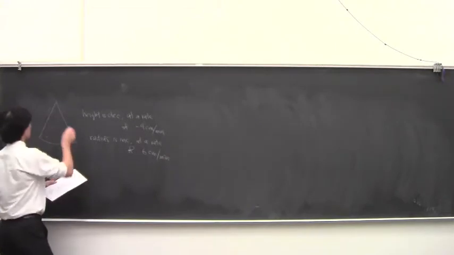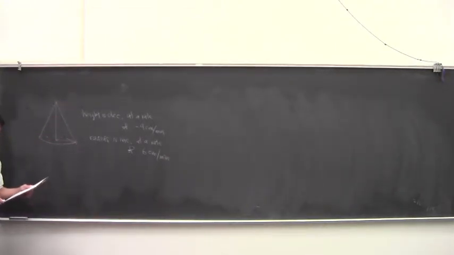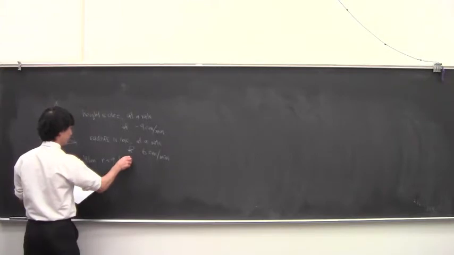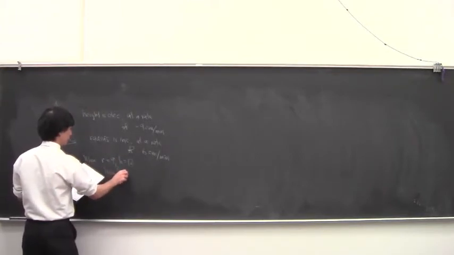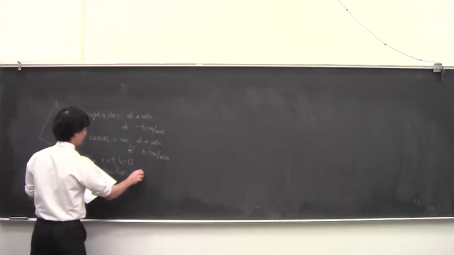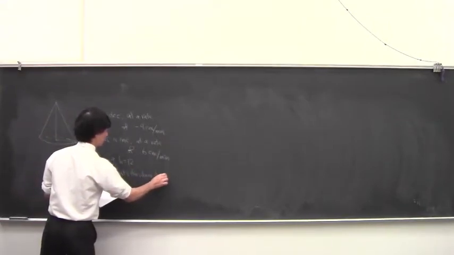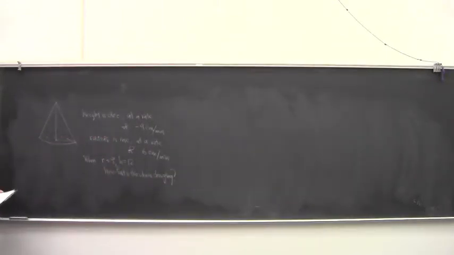Okay. So the height is shrinking and the radius is increasing. The question is, when r is 9 and h is 12, how fast is the volume changing?